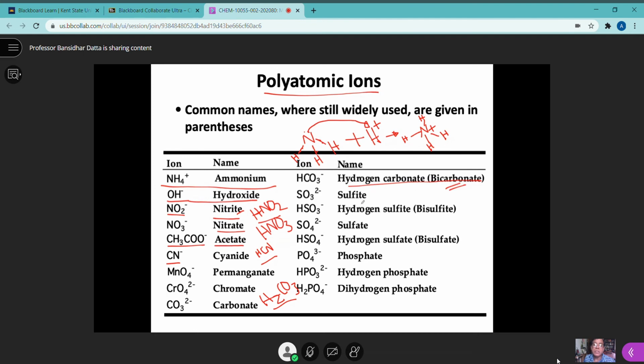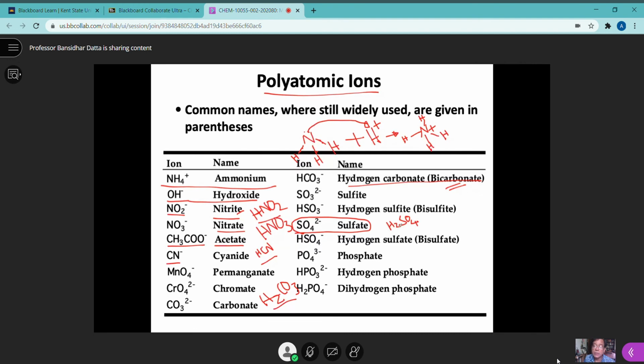The last one, sulfide, is not that important, but definitely you must remember sulfate. Sulfate is very important, and it came from the acid H2SO4. Does anyone know what H2SO4 stands for? H2SO4 is sulfuric acid, a very, very strong acid.